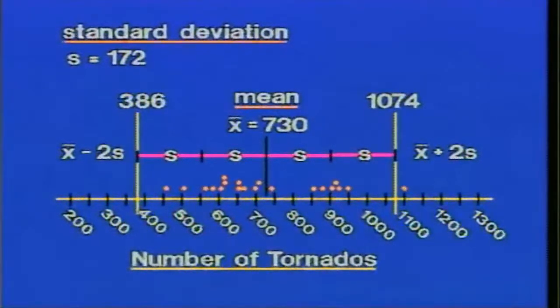And the interpretation is that at least 75% of the years will have between 386 and 1,074 tornadoes. Now, for our example, many more years than that fall within this range, but nonetheless, Chebyshev's theorem says at least that many will occur in this range.